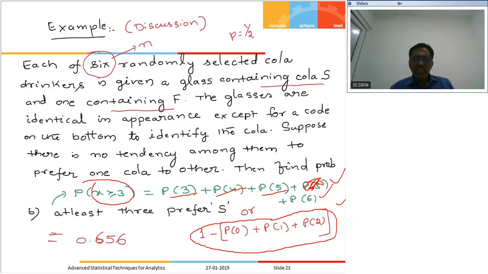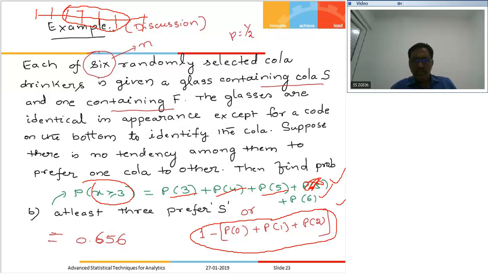Because it is very simple here. Now, X takes values 0, 1, 2, 3, 4, 5 and 6. What we want is P of X greater than or equal to 3, that means 3, 4, 5, 6. One way is the probability of 3 plus probability of 4 plus 5 plus 6.